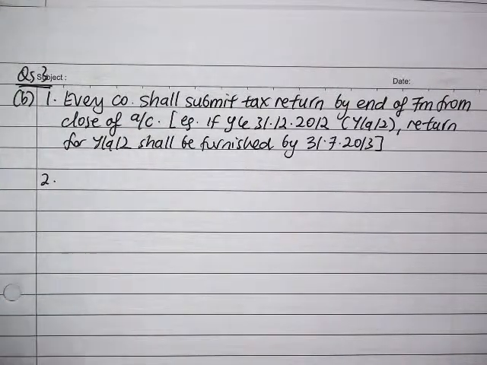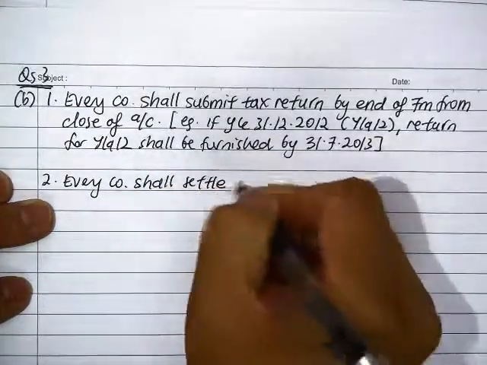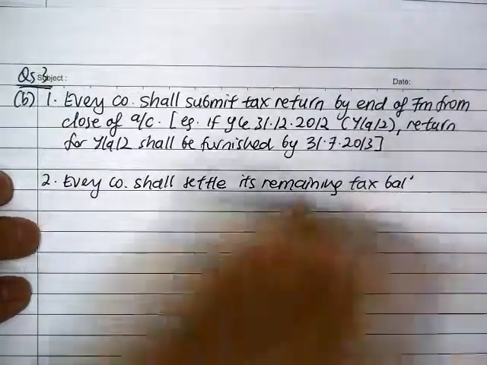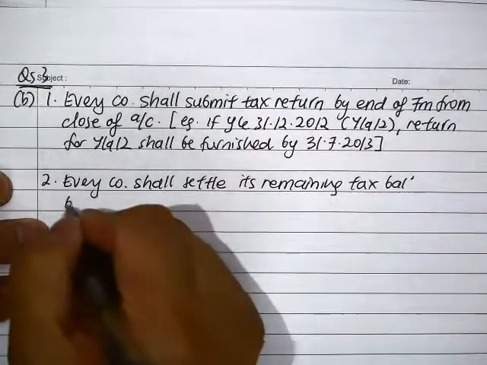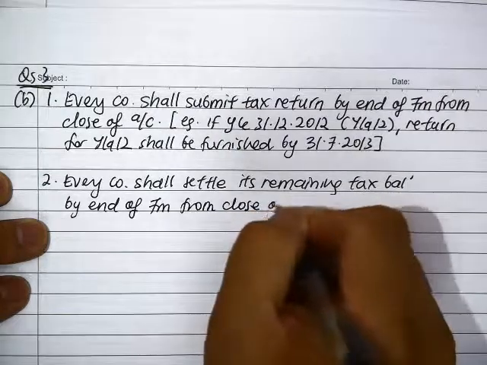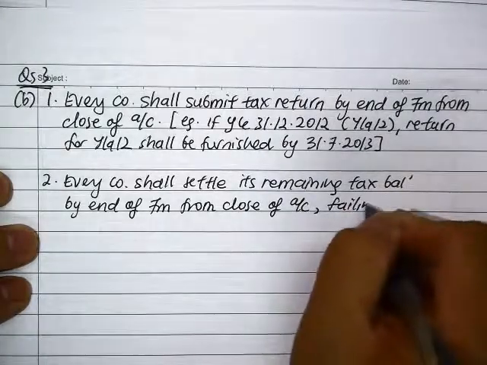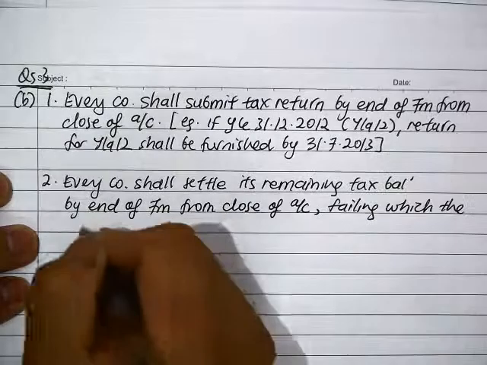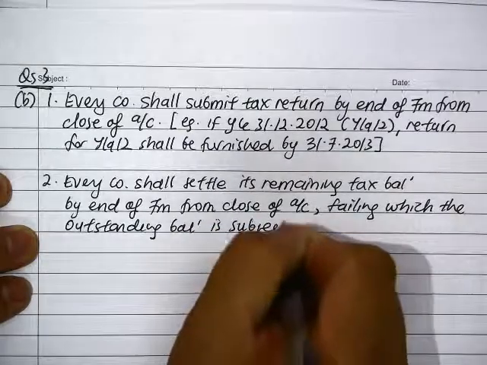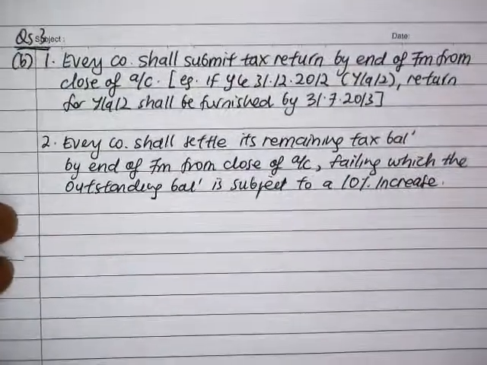How about tax? Every company shall settle its remaining tax balance by the end of 7 months from the close of account, failing which the outstanding balance is subject to a 10% increase.